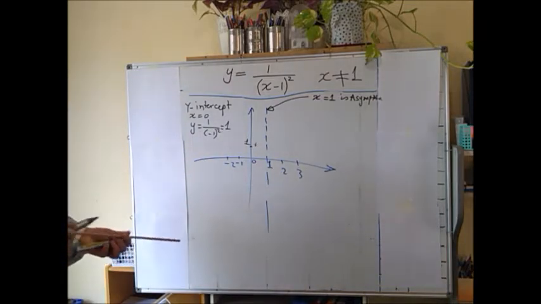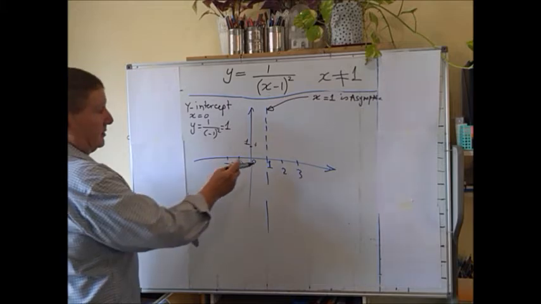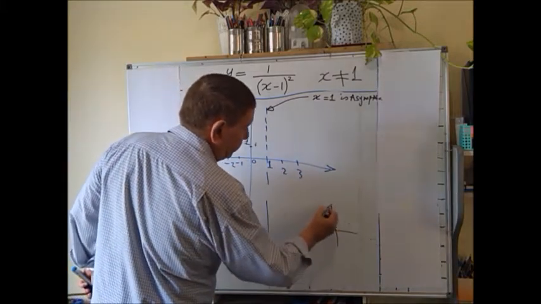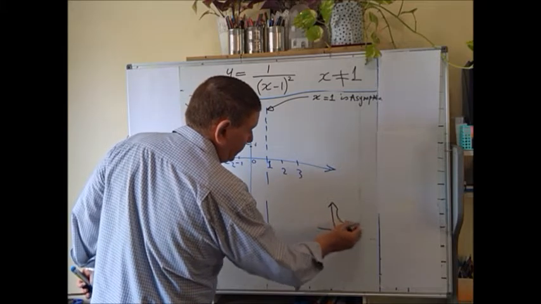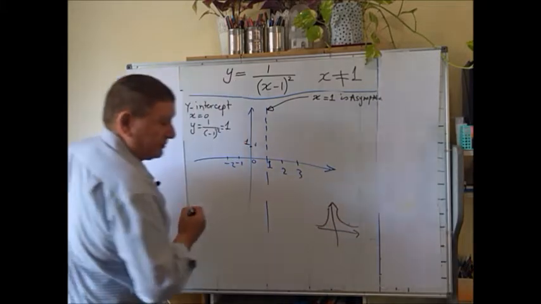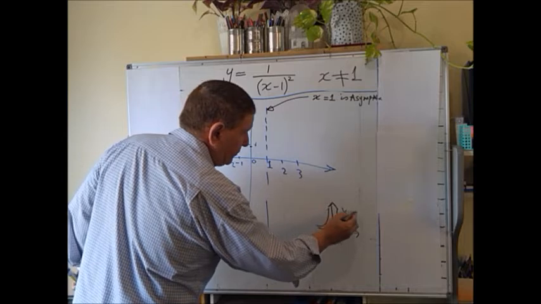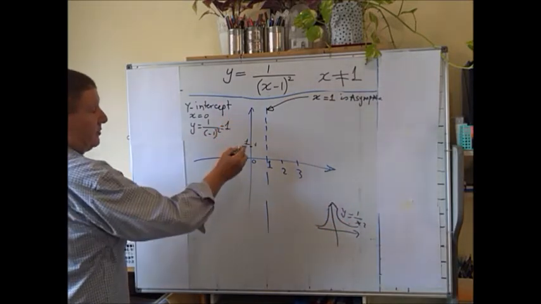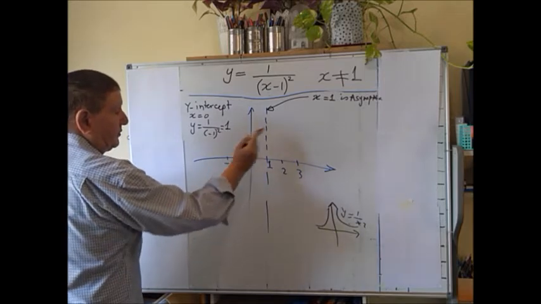Alright, as we said before, from the previous graph, y equals 1 over x squared was like that. For this one, it's the same shape, but shifted to the right.